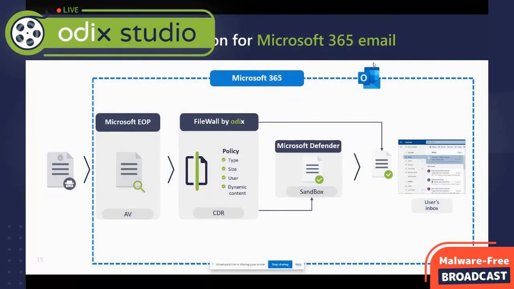And of course, if the customer has what was previously called ATP and now is Microsoft Defender for Office 365, if they have safe attachments enabled, then the file will also be sandboxed. If not, then the file is delivered to the user's inbox, and the user can start using the message and the attachment.